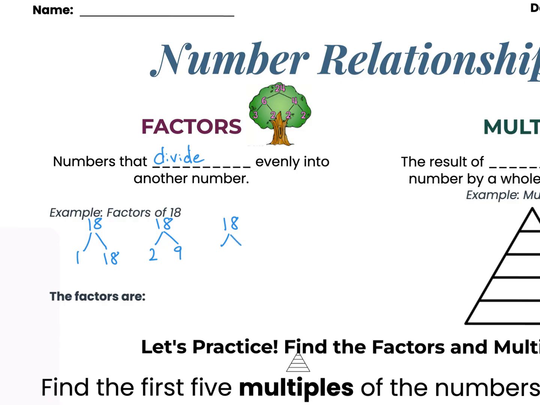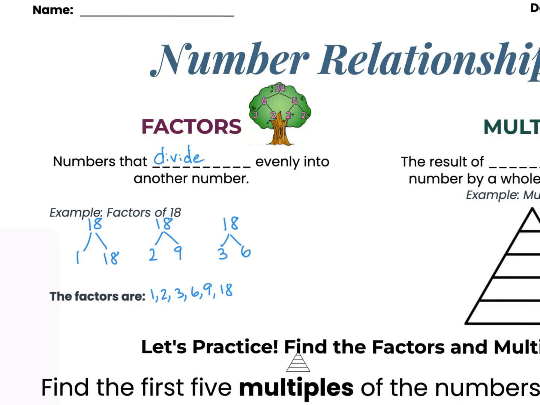And our third factor pair for 18 is 3 and 6. So in other words, factors of 18 would be 1, 2, 3, 6, 9, and 18.